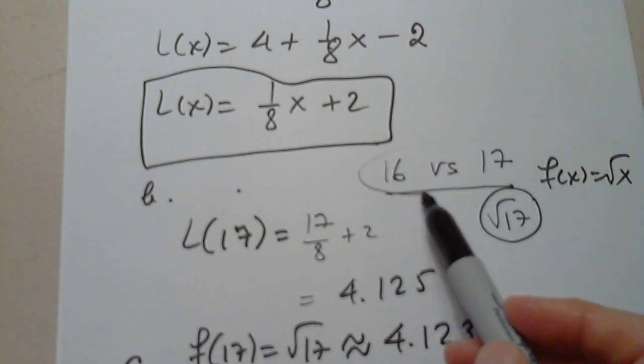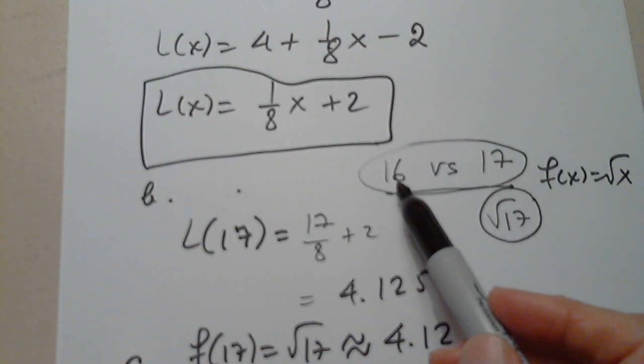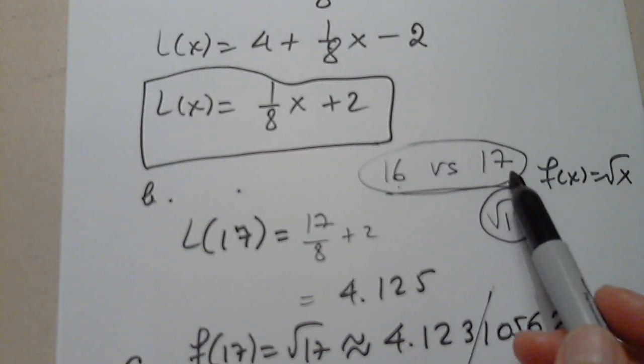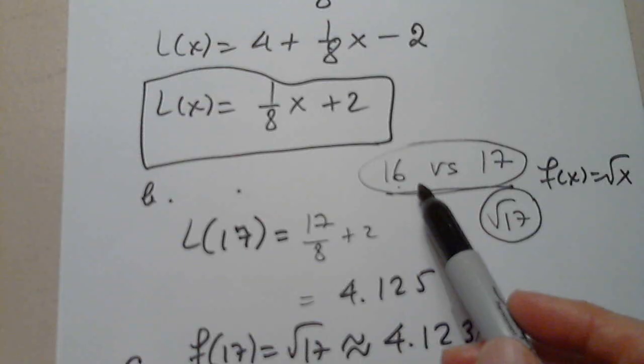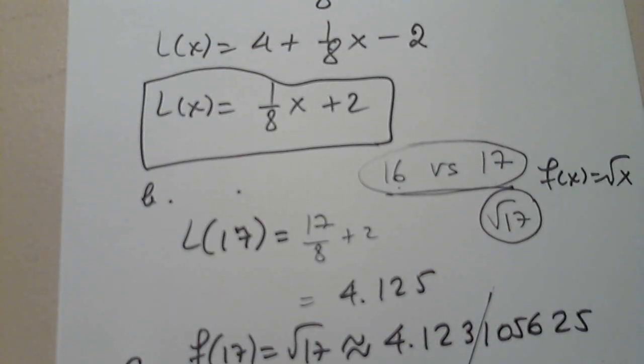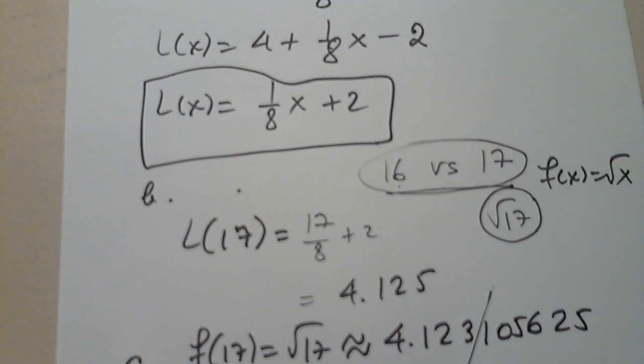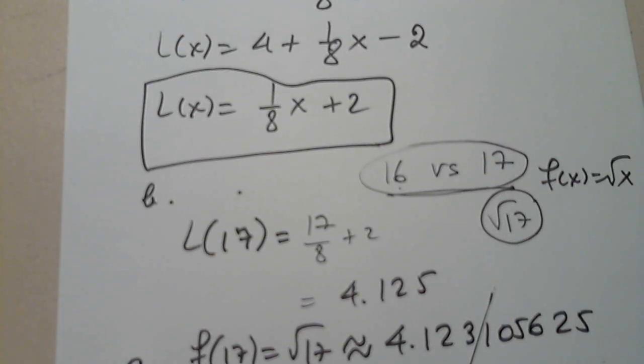Although initially I wouldn't say that 17 is close enough to 16, apparently the error is very small, which is 0.002. So the approximation was a tiny overestimation of the actual value.